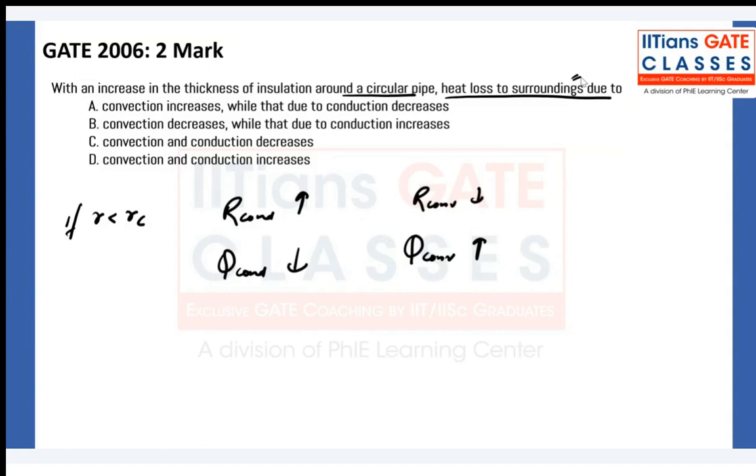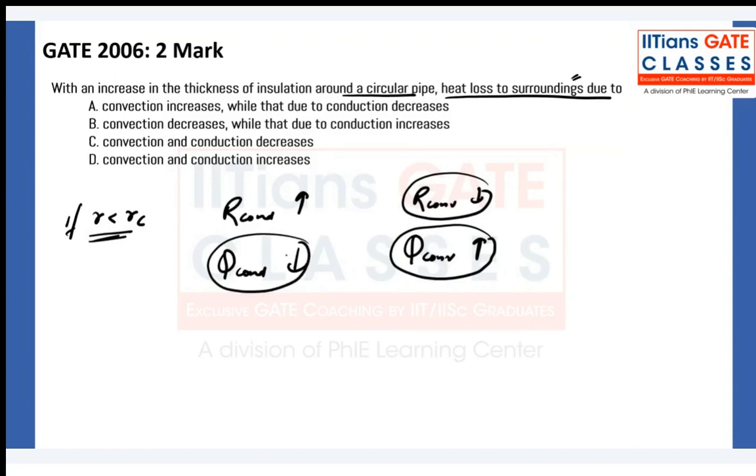Shruti, are you able to understand this? Is it clear? Vijaya, is it clear? Why A? Because if R is less than RC, convection resistance is decreasing, so heat transfer due to convection is more, while conduction is decreasing. So the heat loss happening because of convection is increasing while that due to conduction is decreasing.